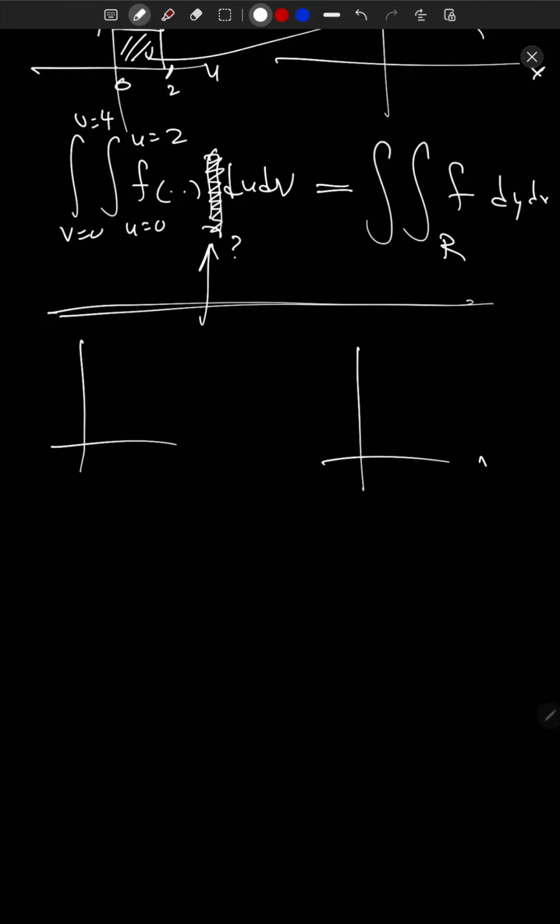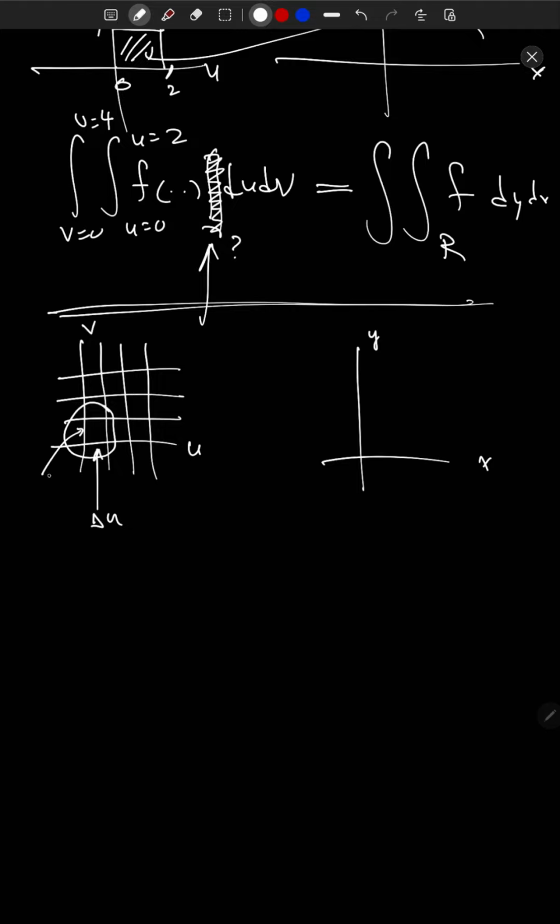Let's draw the xy and uv planes again. If I break this into a grid, which is what we do when we actually integrate, I'm going to end up with some sort of grid-like thing on the right-hand side, curved and ugly. However, if I take the grids on the left-hand side really, really tiny, for example this one delta u and this one delta v, very tiny numbers, then this rectangle is going to go to something very much like a parallelogram on this side.